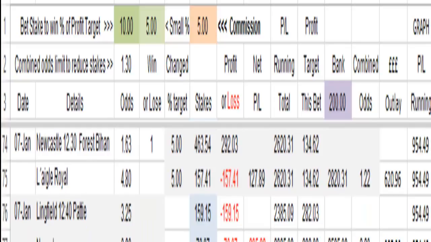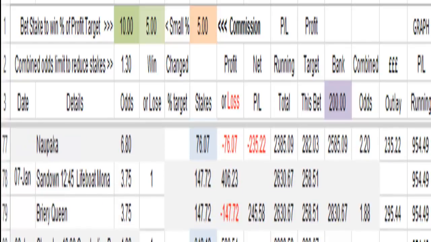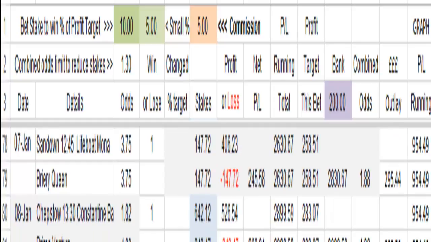Then we had a loss here, Chepstow and Lebanon Money, at 1.52, so I was going for 10%. Now remember, we're betting with £3,000. The bank has raised from 200 to 3,090, so 10% is 309. You're going for a lot of money.